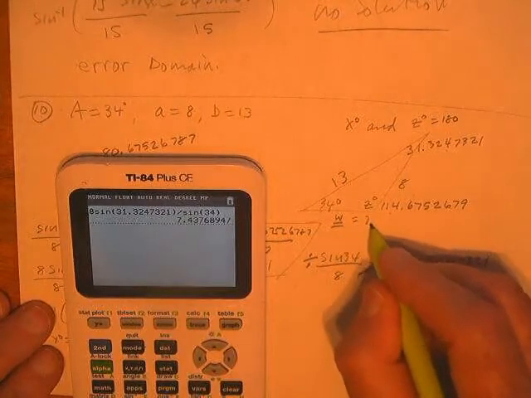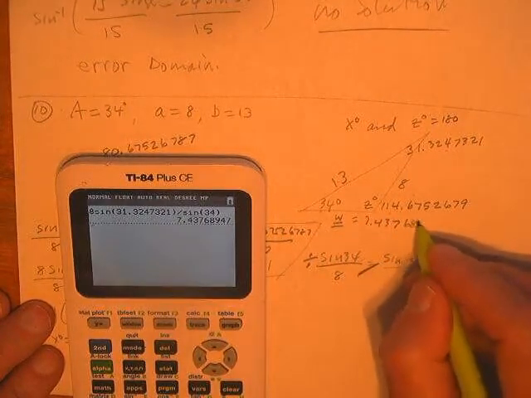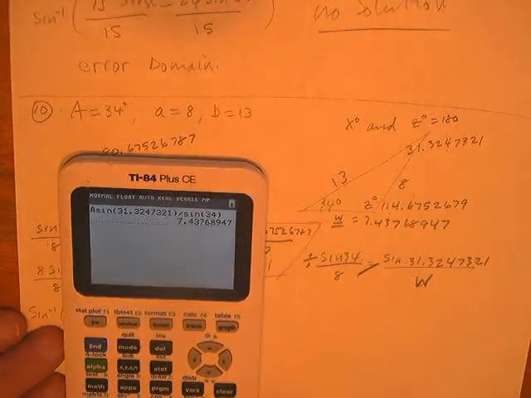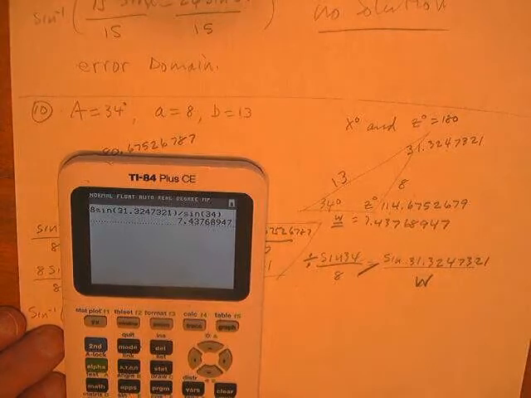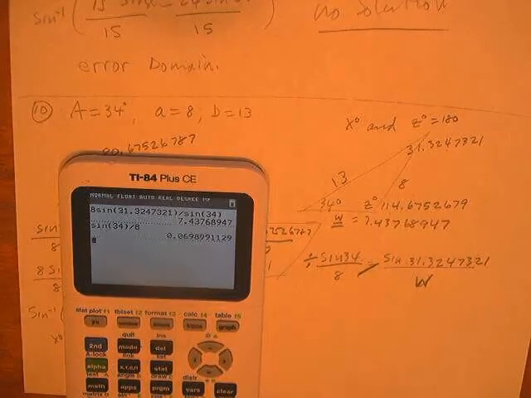And W is 7.43768947. Okay, and let's test this one too. But it's going to be that same decimal. Think about this. These are all going to turn out to be the same decimal, that decimal right there.